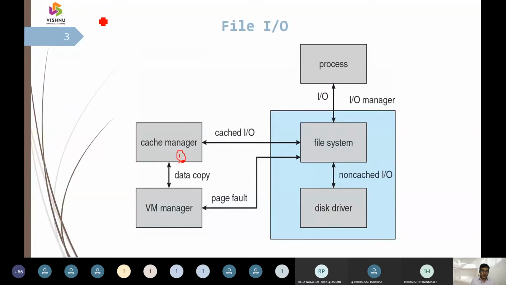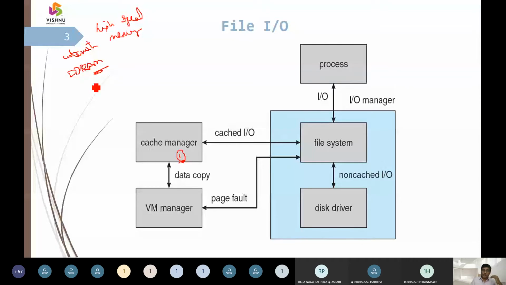Cache is a high speed memory, and we are going to call it an intermediate memory. Why do we say that it is high speed memory? Because it is implemented in dual double rate RAM, DDR RAM, and it works faster.